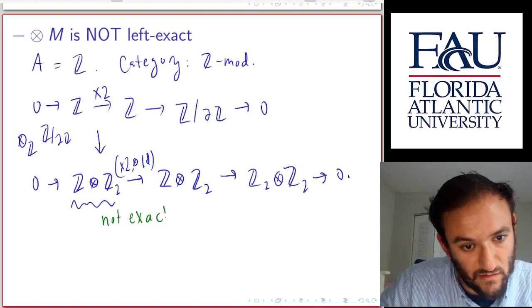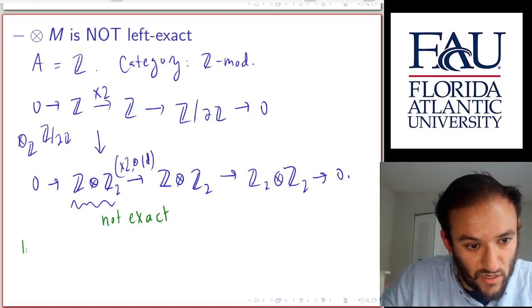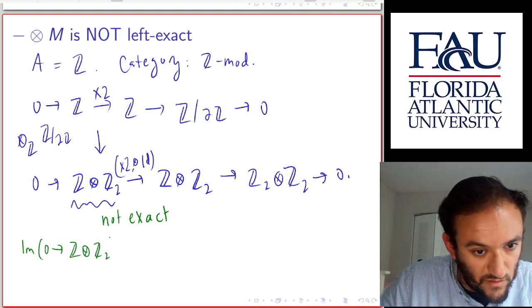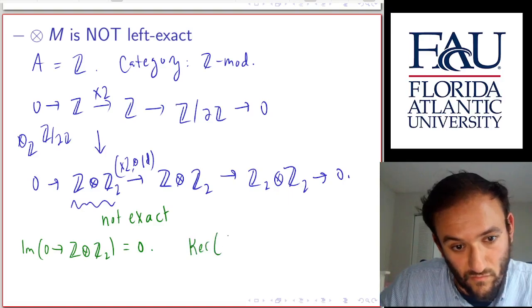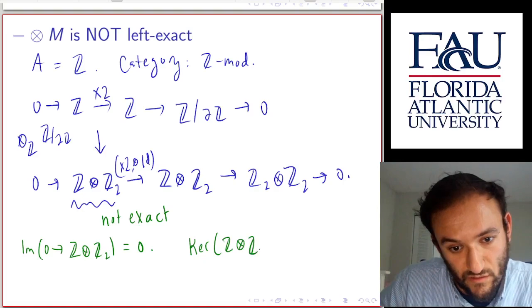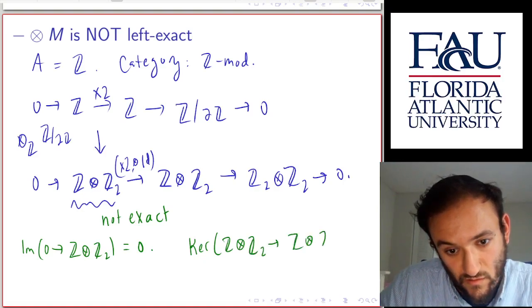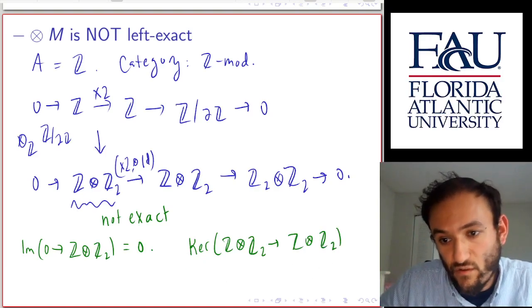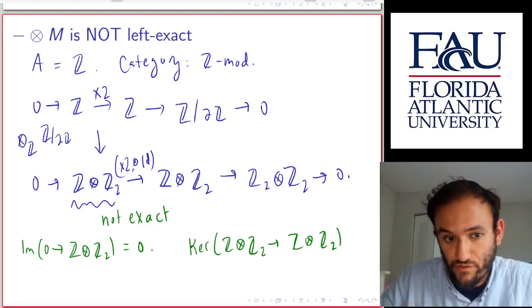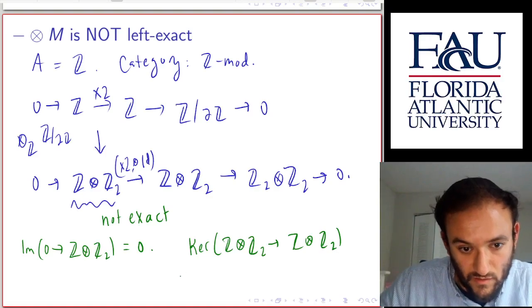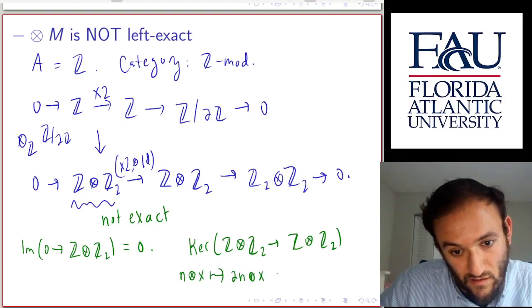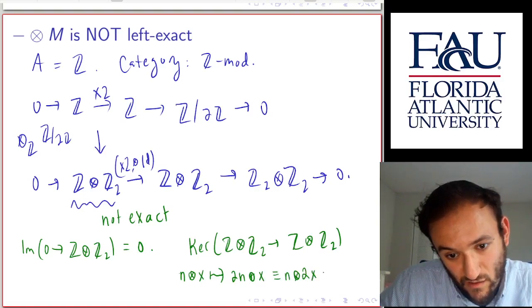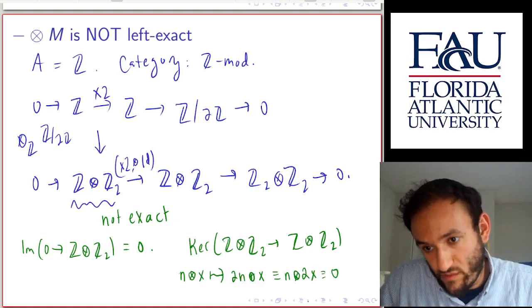The sequence is not exact, because the image of that first map, 0 to Z tensor Z2, is obviously just the 0 submodule, but the kernel of the next map, Z tensor Z2 to Z tensor Z2, is going to be the entire module, because when we do this multiplication by 2 in the first coordinate, so n tensor x mapping to 2n tensor x, well, that's equivalent to n tensor 2x, which is equivalent to 0, because 2x in Z2 is always 0.